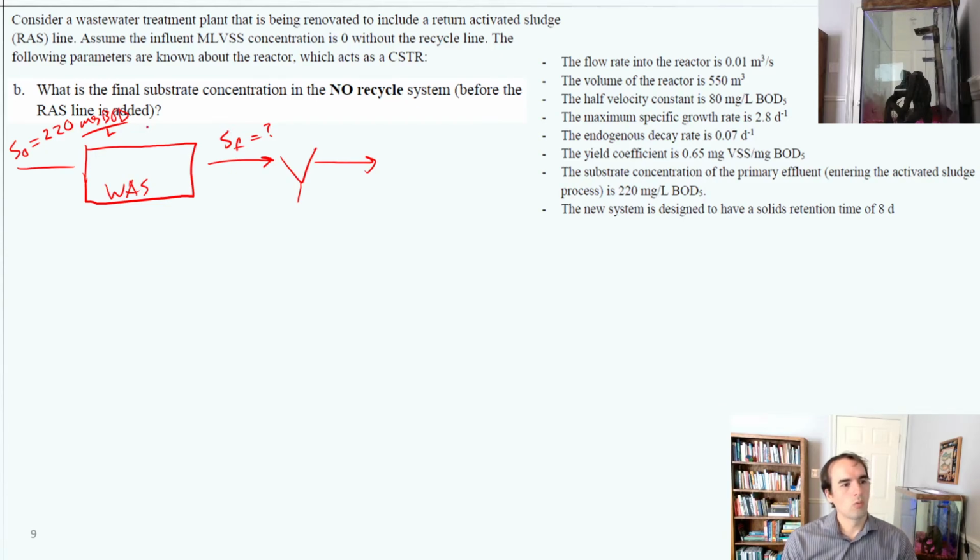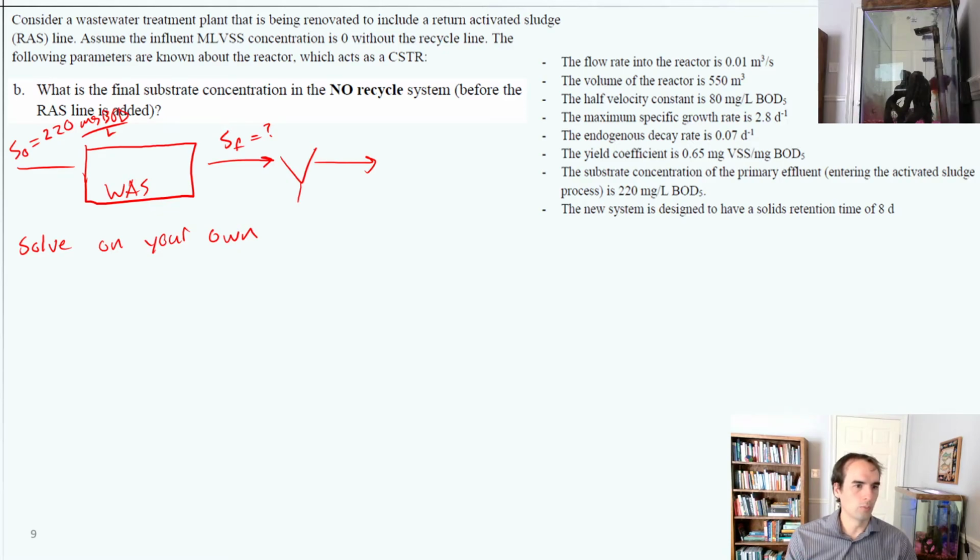So I'm going to leave this to you to solve on your own if you want that practice. This is going to be essentially the same process that we did at the beginning of class, and it'll be good practice for you to make sure that you understand how to apply that equation.